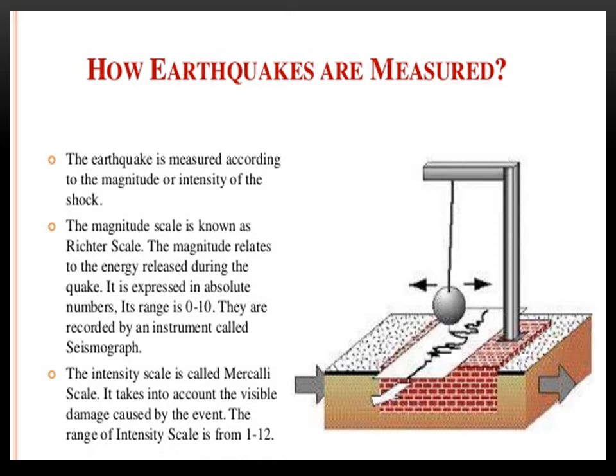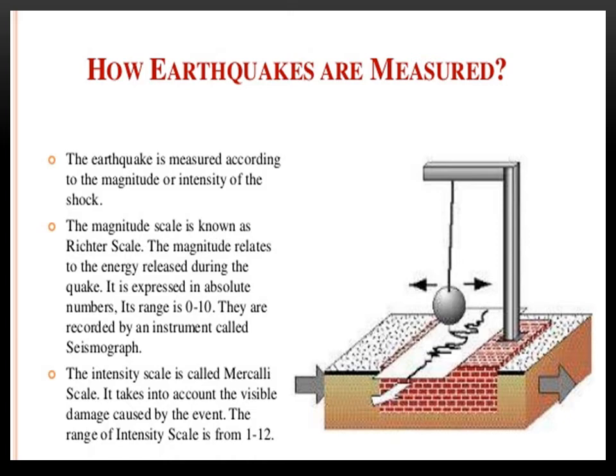Like in the table below, on a Richter scale 1, it is not noticeable by people. On a 2, it is still not noticeable by people. On a 3, again not noticeable by people. But on a 4, it is felt by people inside the house, windows may rattle, slight damage. On a 5, people may run outside the house and furniture may move, moderate damage.